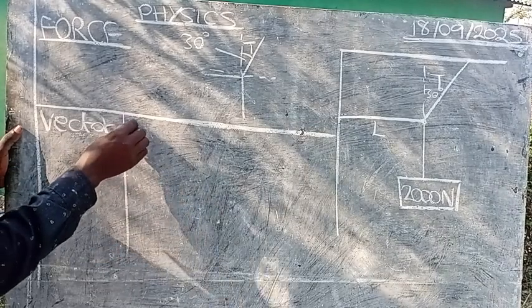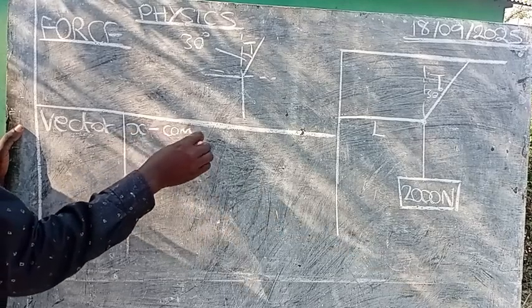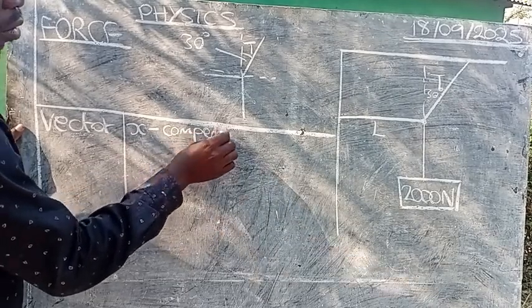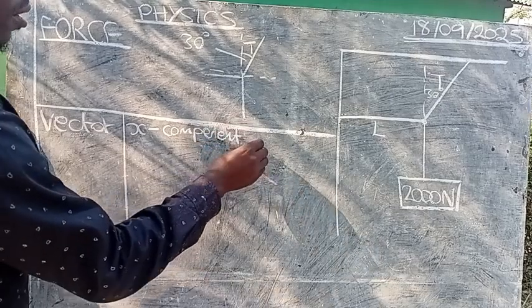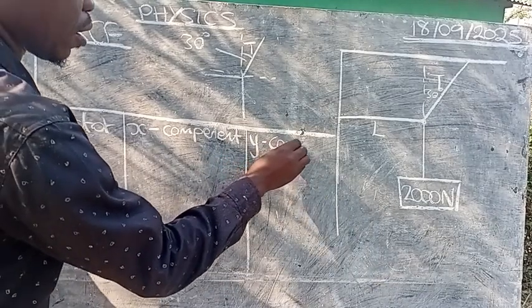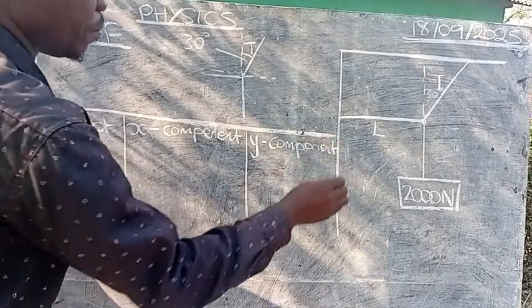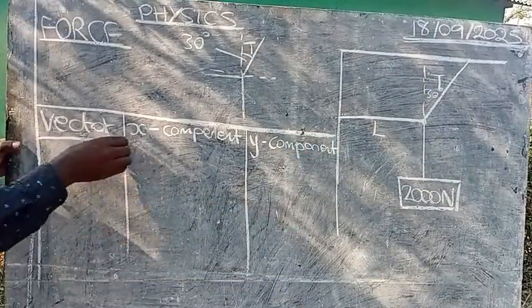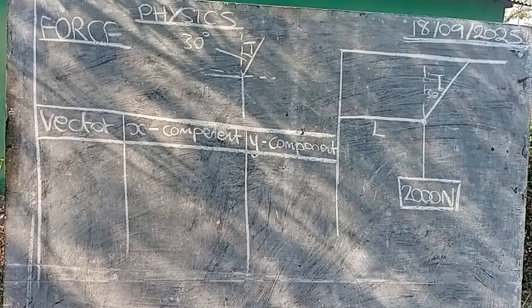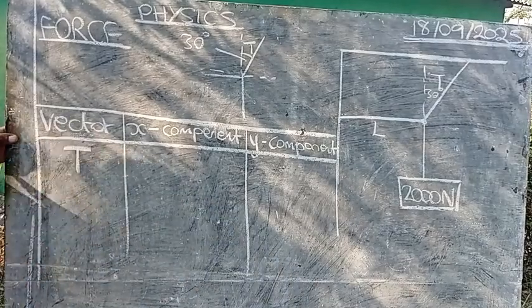Then the second column will be the x component, then the y component column. The vector given here is T.